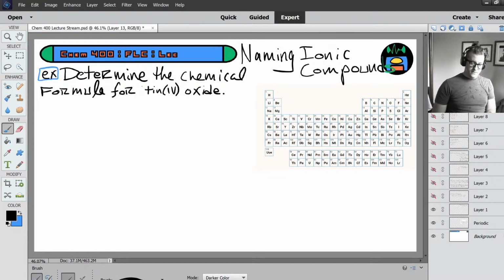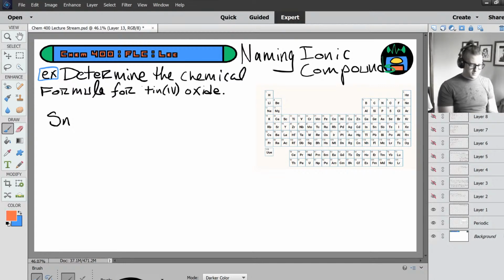All right, tin 4 oxide. Well, first we have tin 4. Now, tin has the chemical symbol Sn. If you're wondering why tin doesn't start with an S, it doesn't, but stannous does, which is tin's Latin name, and that also means that it's a pun because Stannis Baratheon is a little tin soldier.